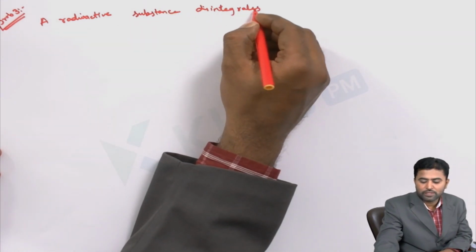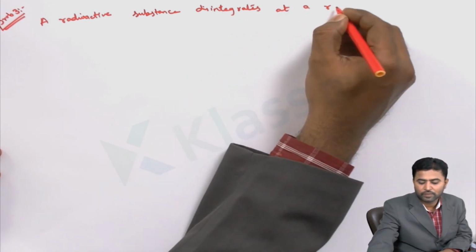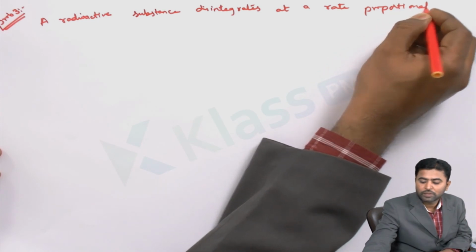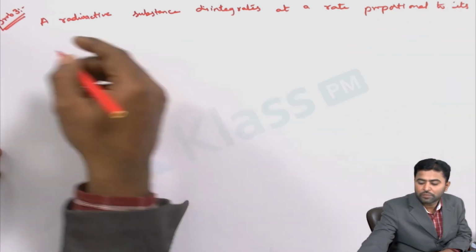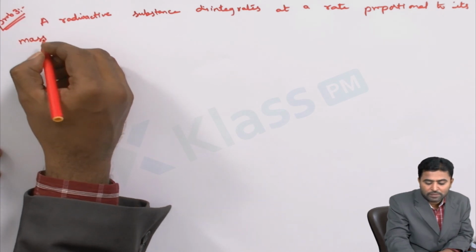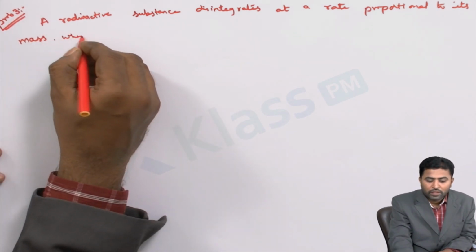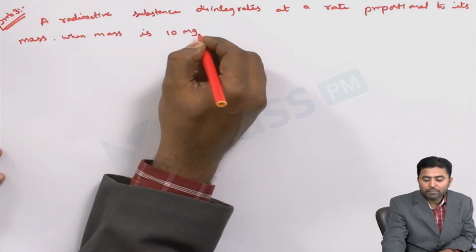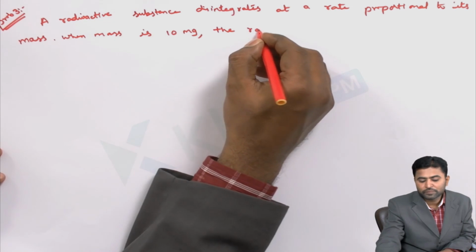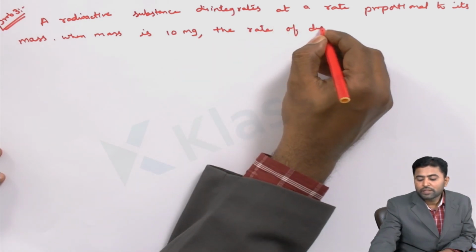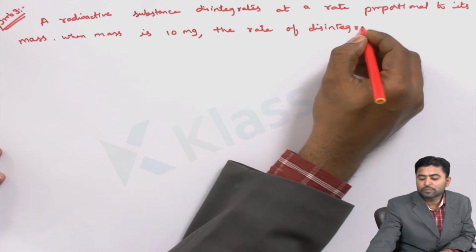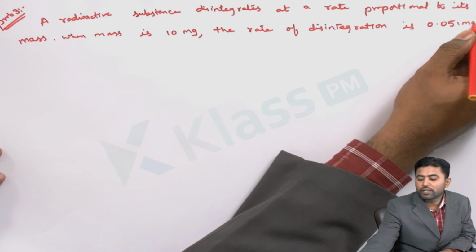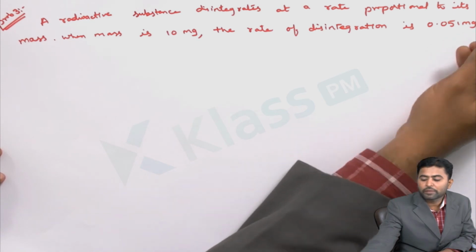A radioactive substance disintegrates at a rate proportional to its mass. When mass is 10 milligrams, the rate of disintegration is 0.051 milligrams per day.